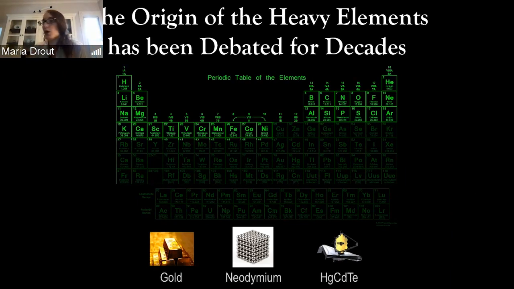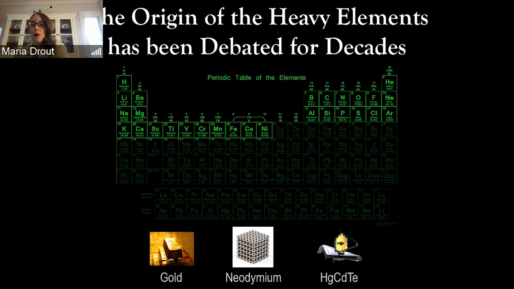Things like neodymium, which is really important for magnets, which are found in almost all our electronics. And then even more particular to this crowd, you have things like mercury, cadmium, tellurium, and even arsenic in this grayed out region right now. And those are critical for all the detectors in all 4 JWST instruments. So we are talking about those elements and trying to understand where they actually come from.